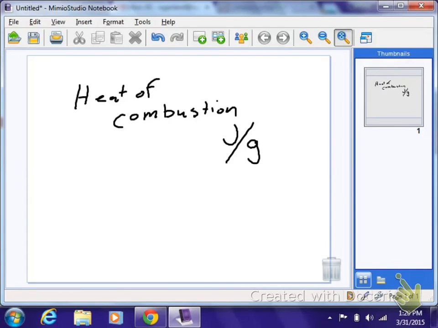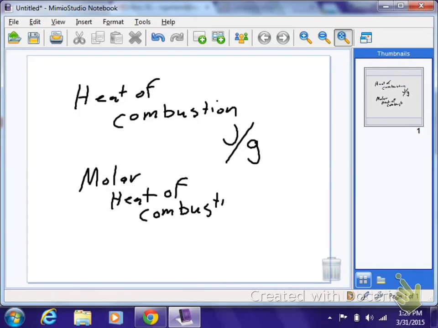So that would be the heat of combustion, and also we have what's called a molar heat of combustion, which is based upon per mole of a substance reacting, and its units would be, I guess heat of combustion should be in kilojoules per gram, and the molar heat of combustion should be in kilojoules per mole.